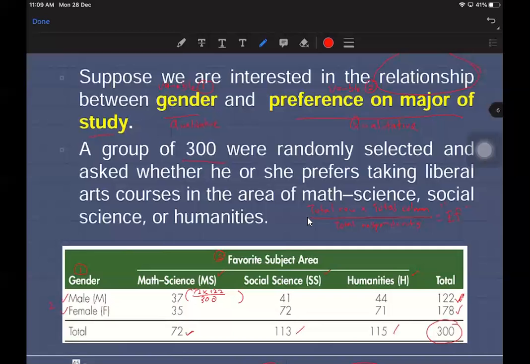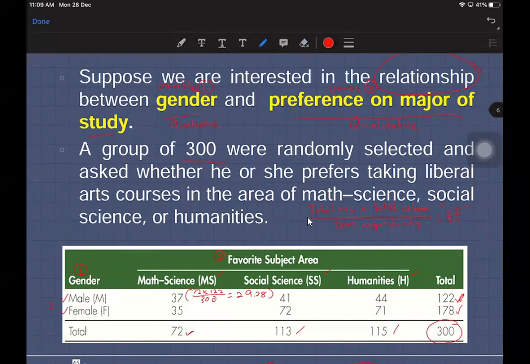So it will be 72 times 122 divided by 300, which is 29.28.